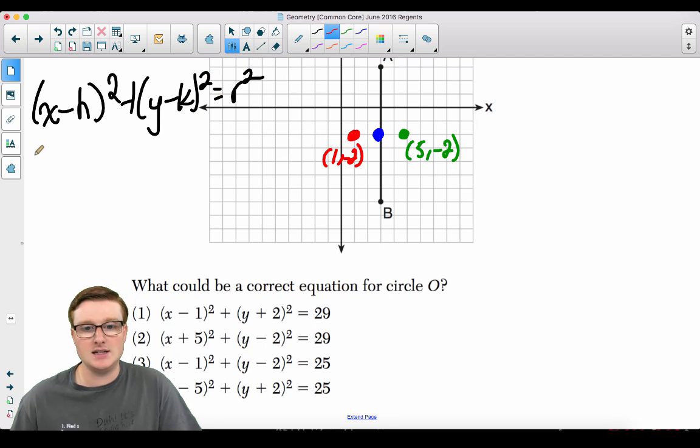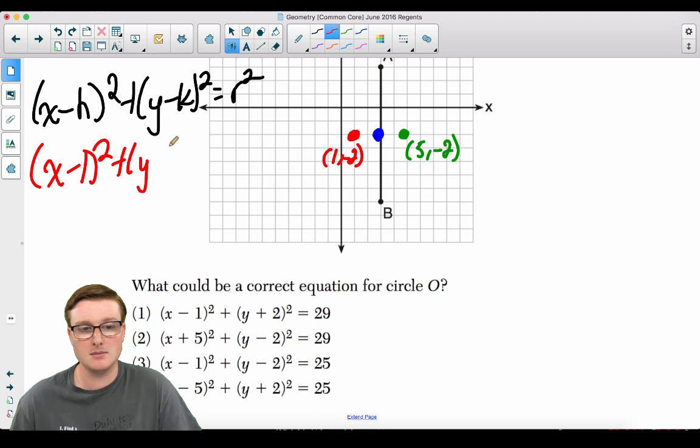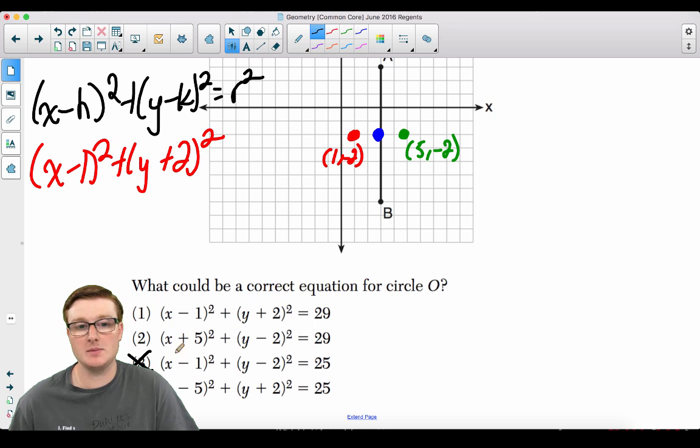If we're using the red, your equation starts as (x minus 1) squared plus (y plus 2) squared. The only one that matches that is choice 1. Choice 2 could be the green. Choice 3 doesn't work. And choice 4 could be the green as well.